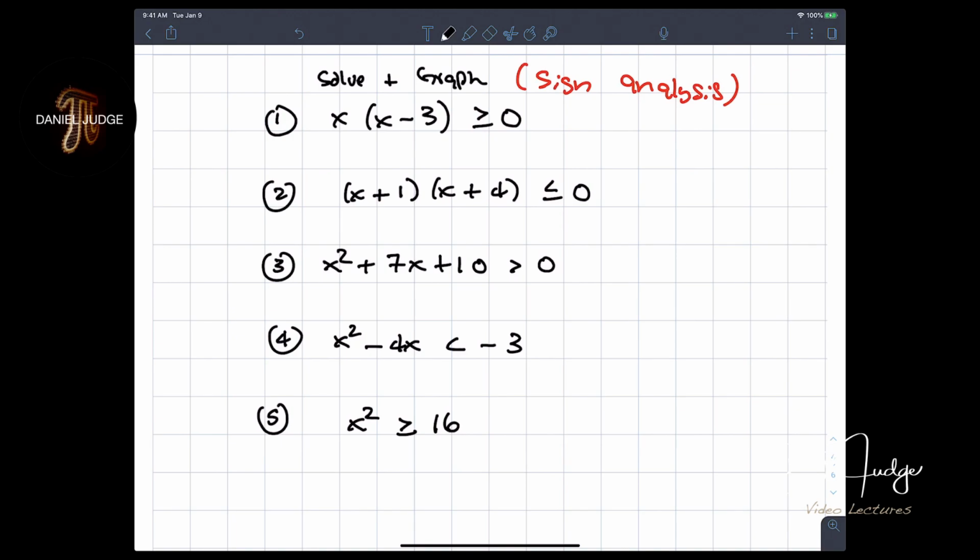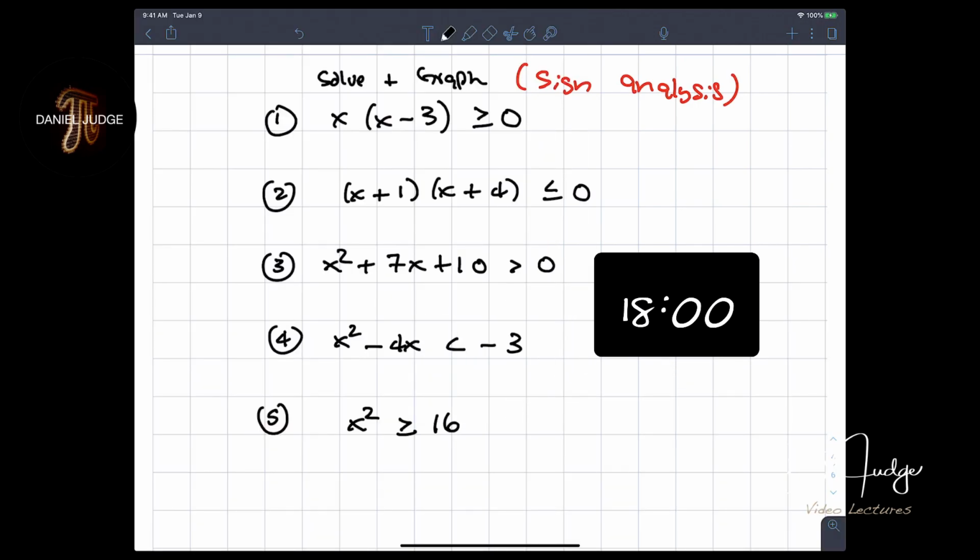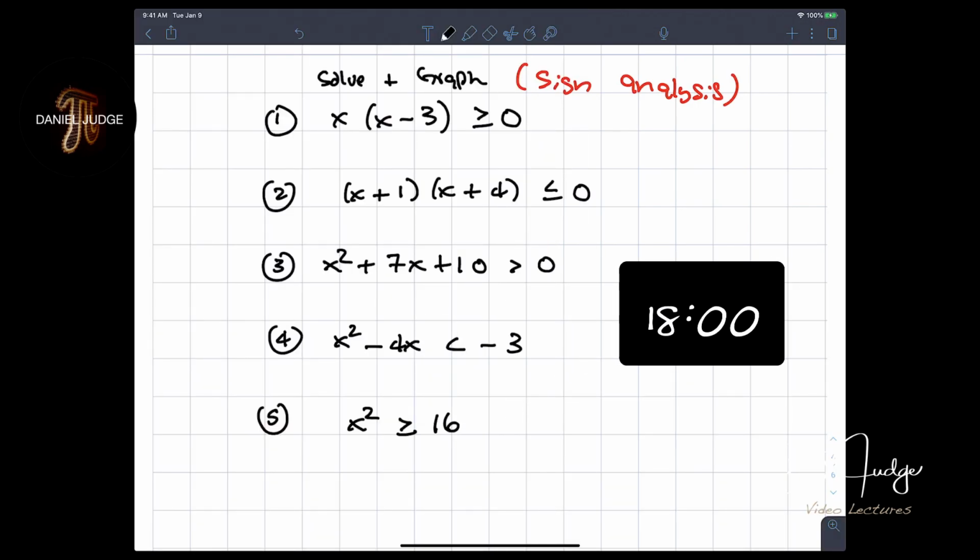Give you guys some time to do these here. Okay, so here we go. All right, use sign analysis, try these out. We may need to take a few more minutes for those. See what you get.